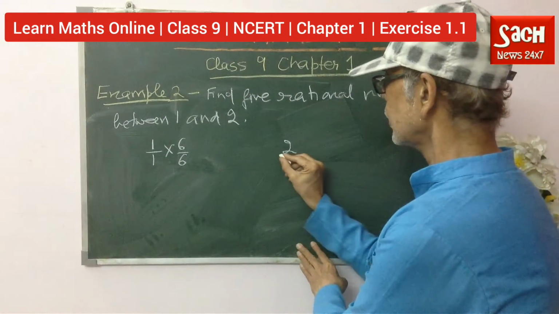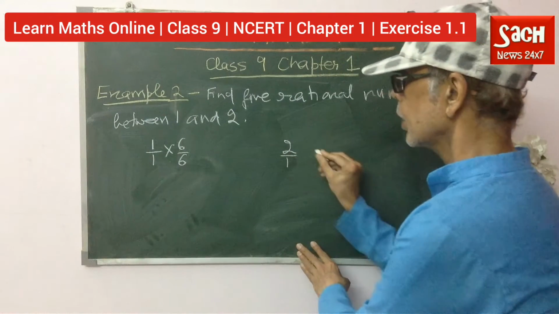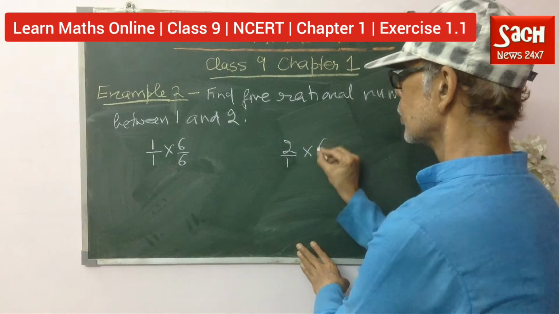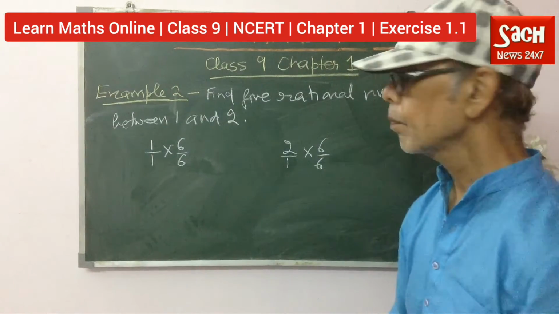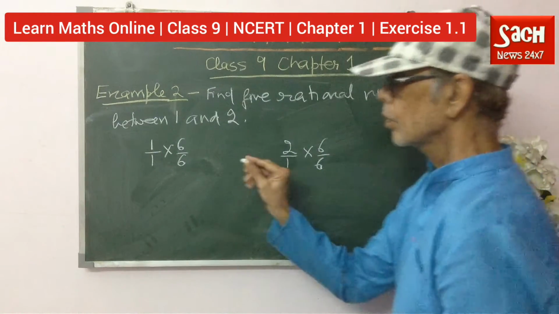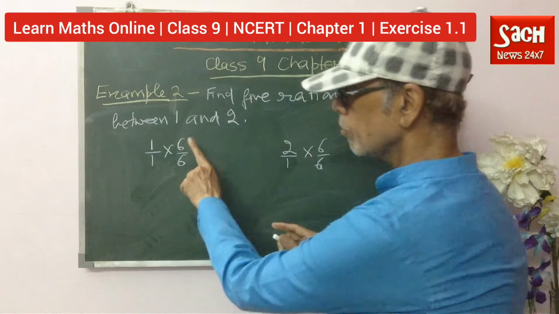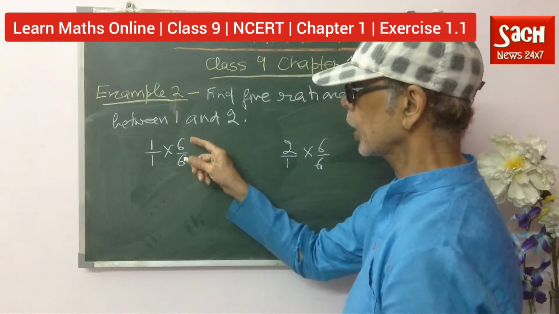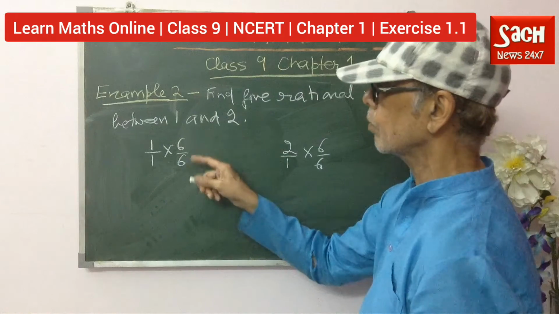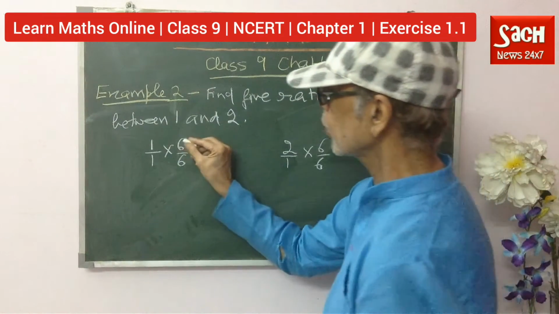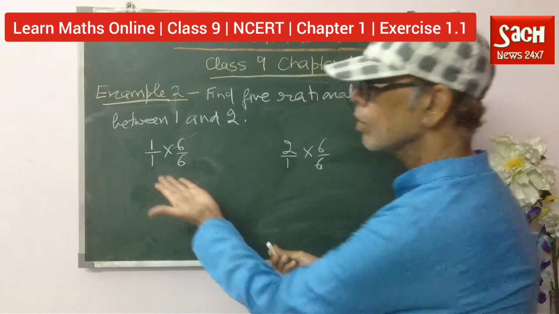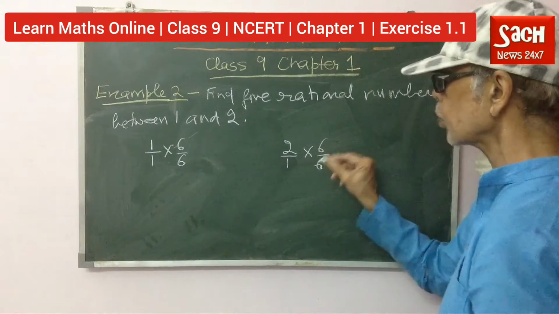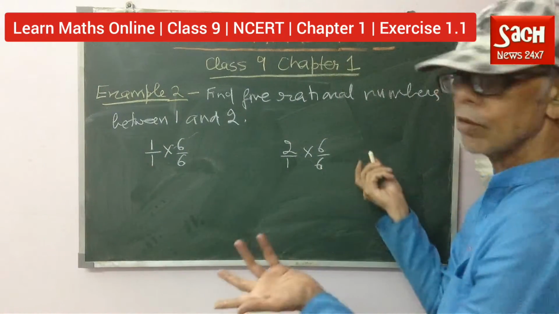Similarly, write 2 by 1 and multiply by 6 by 6. You can multiply with the same number. Numerator and denominator could be the same, 6 by 6, because if you cancel 6 by 6, it will be again 1. Similarly, here you cancel 6 by 6 and divide 2 by 1, it is 2.